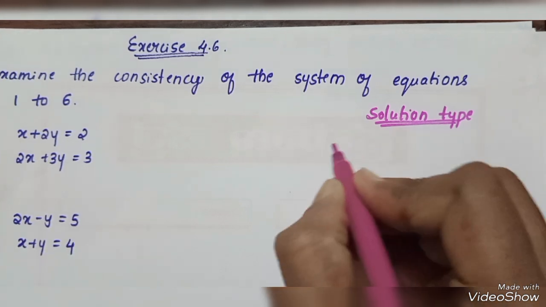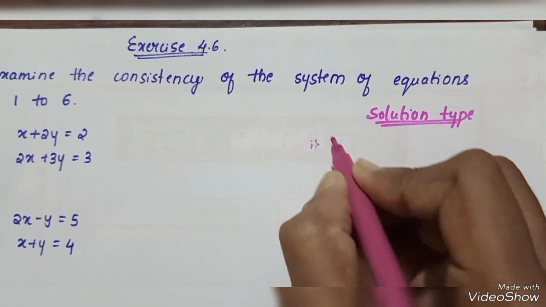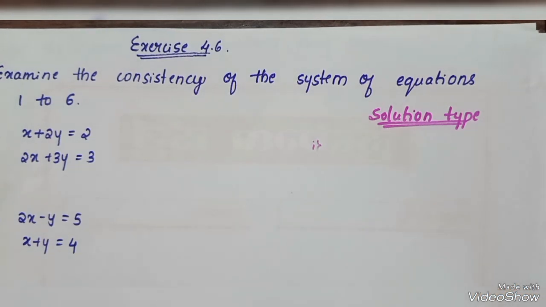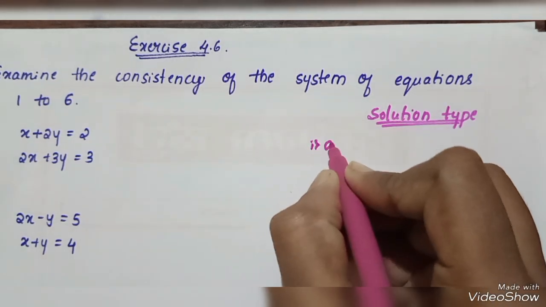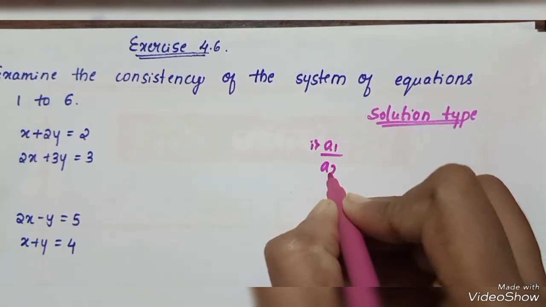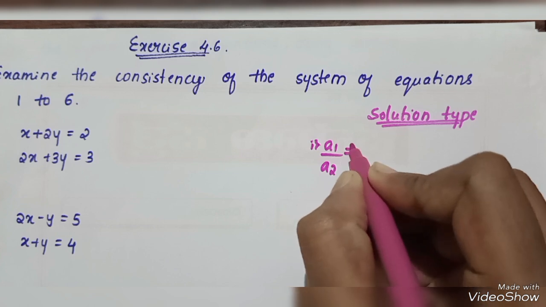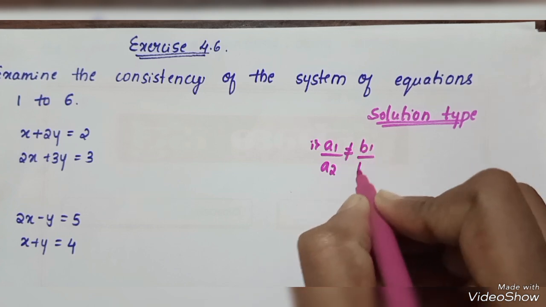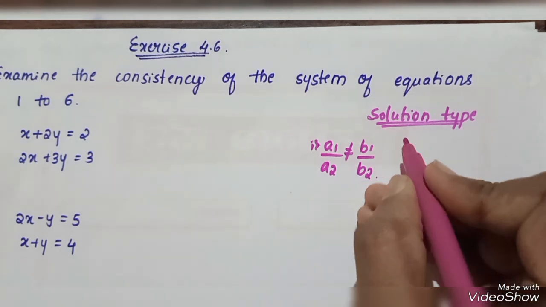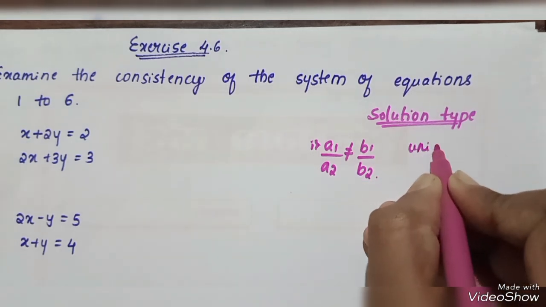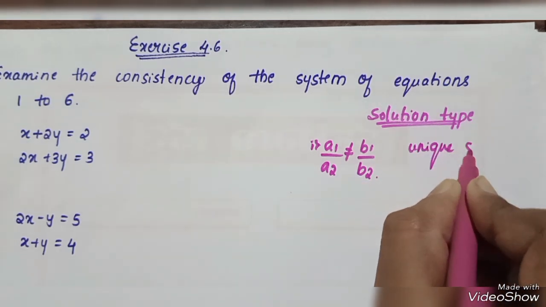The first solution type is when a1 divided by a2 is not equal to b1 divided by b2. This condition always gives a unique solution.